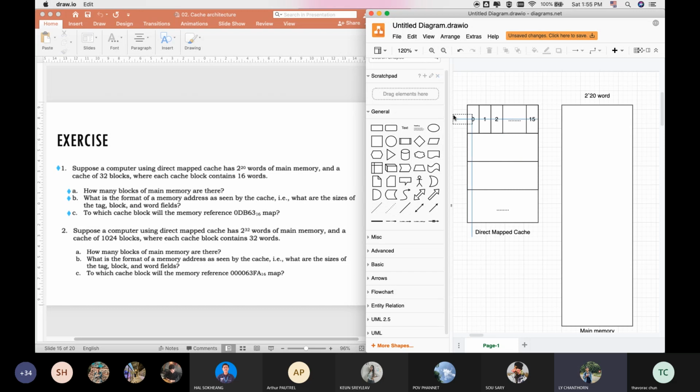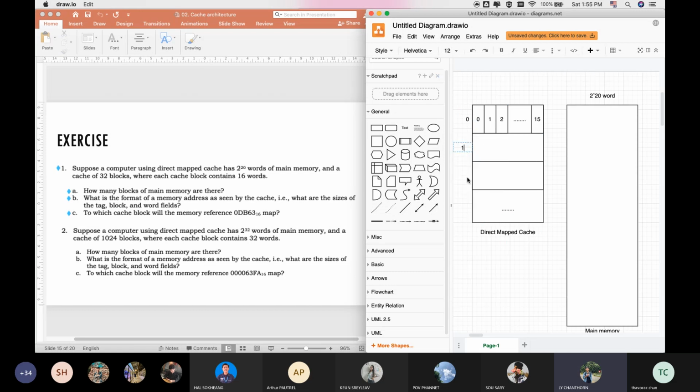So this one should be block 0, and this one should be block 1, and this one should be block 2, and the last one should be block 31. Do you understand what I drew here? Any question? I just drew what the instruction told us.